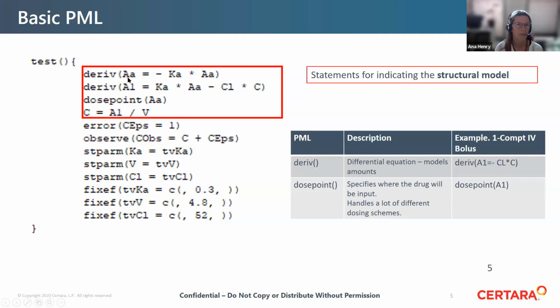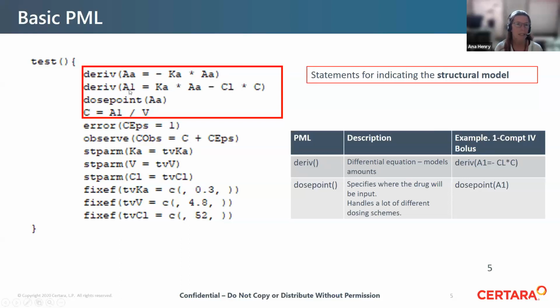So it has a derivative for that. And in our case here, the dose point identifies where the drug will be input. So it goes into the absorption compartment. But in an example that I have put here, if it said dose point A1, that would mean that you're dosing into your central compartment, in the case of, for example, IV.